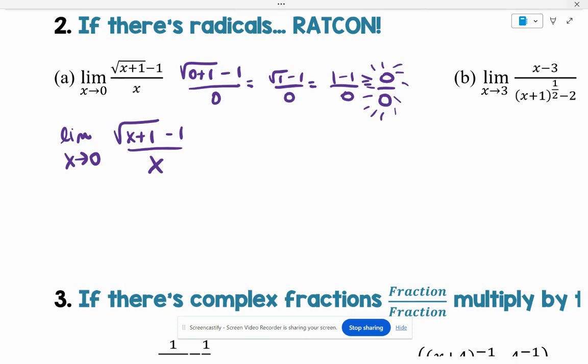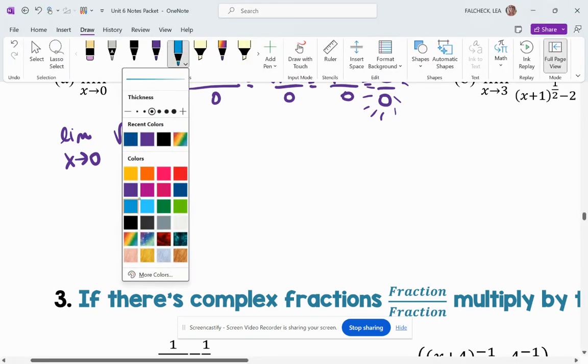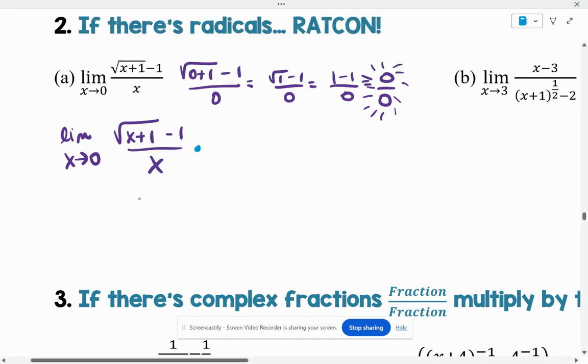All right, guys, let's get the conjugate going, and then you can finish it up on your own here. What would the conjugate of this guy be, or the square root of x? A lot of people are like, wait, do I change the thing under the radical? No, don't change the thing under the radical.